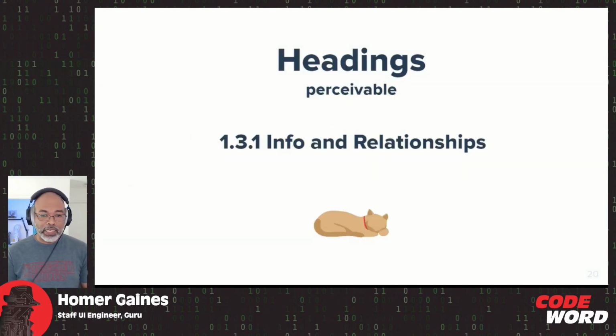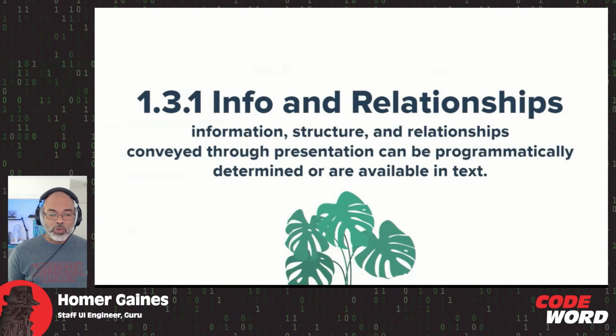The other part that I'd like to get into, since we're talking about content, is headings. Headings are also perceivable. Headings help us find our way around a document that is structured correctly. It has a rule inside the WCAG, 1.3.1, info and relationships. Information, structure, and relationships conveyed through the presentation can be programmatically determined or are available in text.